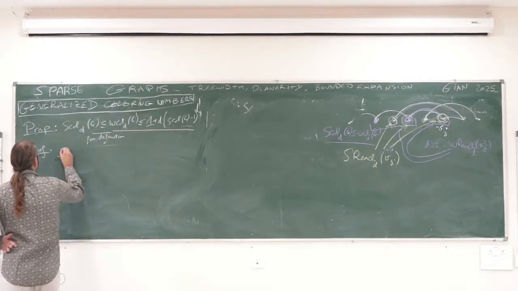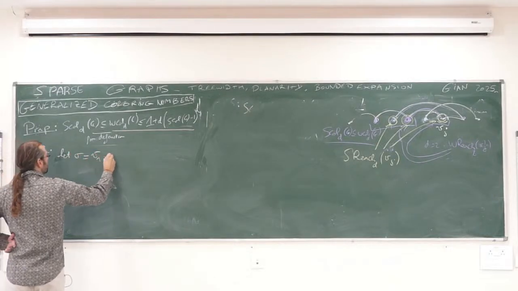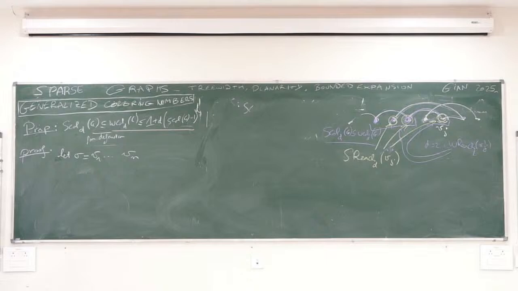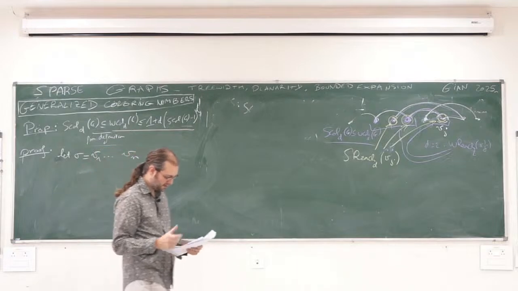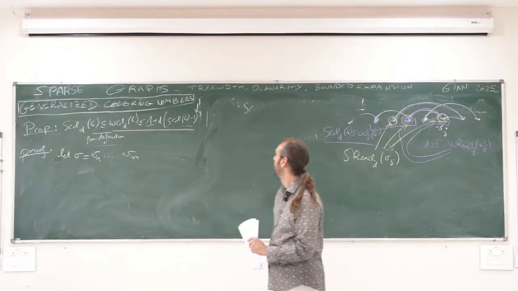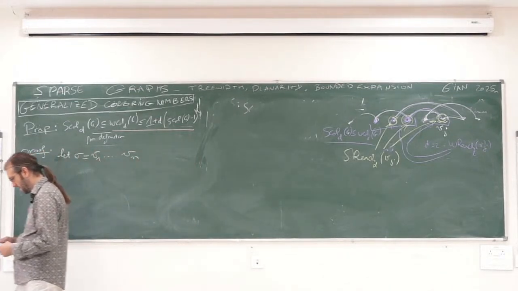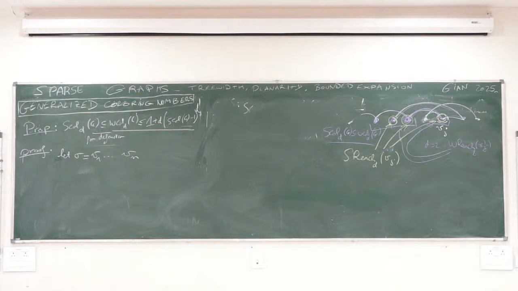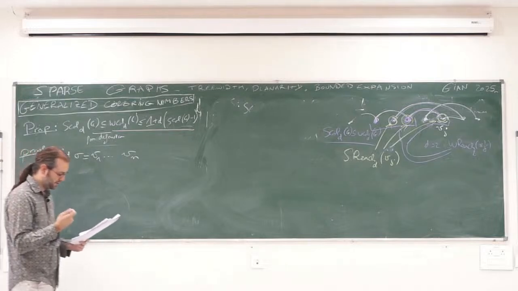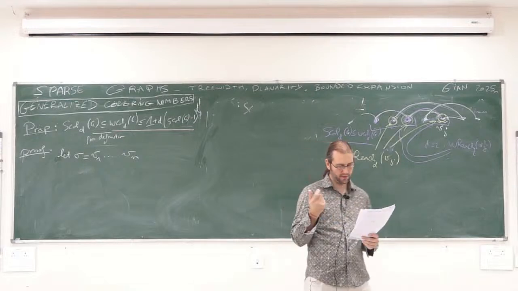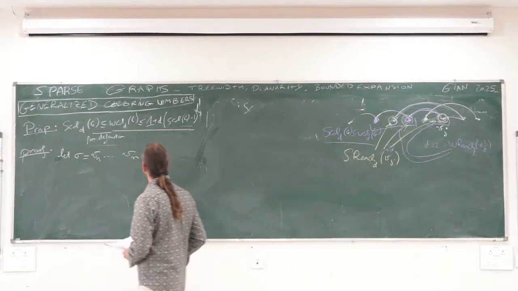So we fix the sigma, v1 to vn, and we are going to take some vertex, and I'm going to observe the strong reachability, and I will deduce something about the weak reachability set of the same vertex.